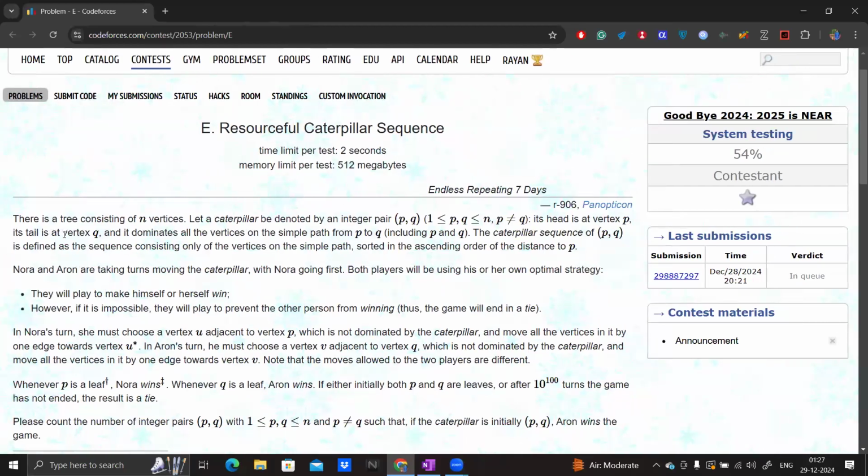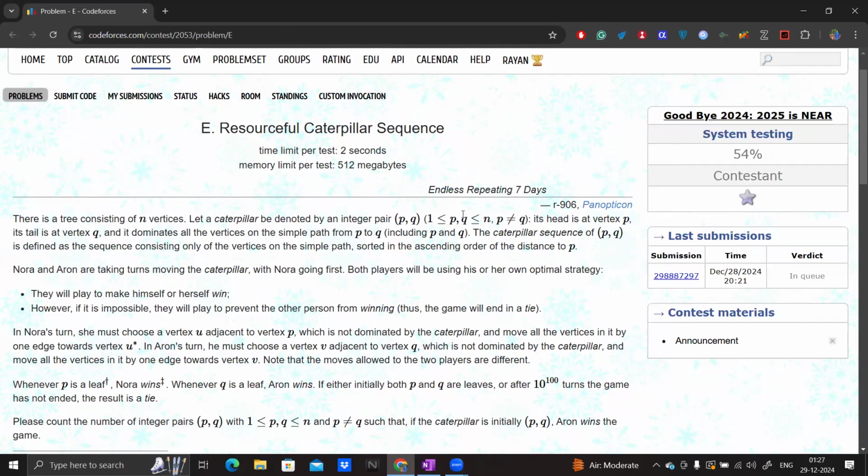Its tail is at vertex q. And it dominates all the vertices on the simple path from p to q. And the caterpillar sequence of p to q is defined as the sequence consisting only of the vertices on the simple path sorted in the ascending order of distance from p.